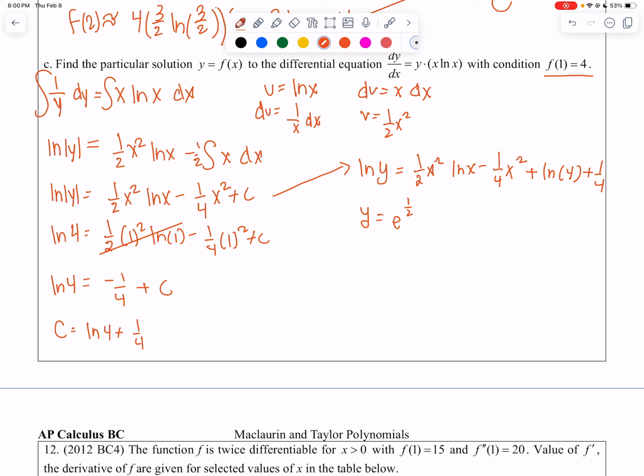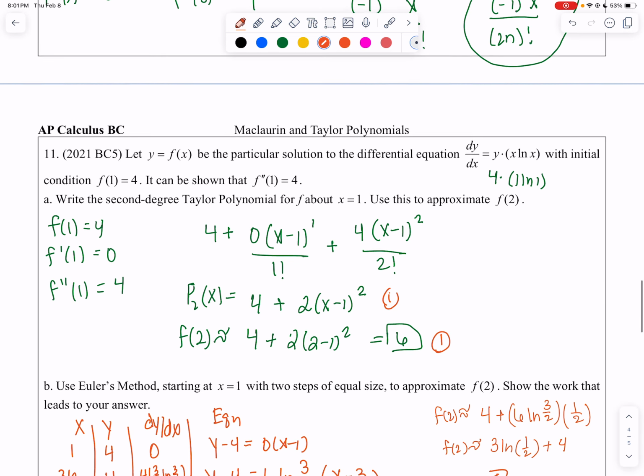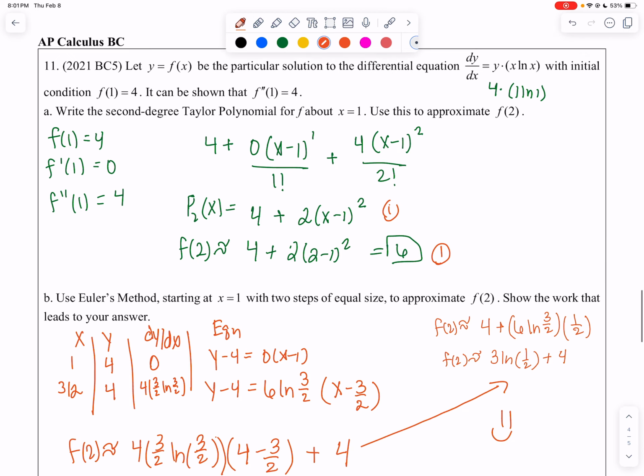So y equals e to the 1/2 x squared ln of x minus 1/4 x squared plus ln of 4 plus 1/4. Don't try to simplify this, okay? I know usually sometimes I will tell you to simplify stuff, but this one, just keep it nasty and call it a day. The AP graders can read this and they'll be like, oh, that's okay. And then you'll get the full credit. How many points was that? I don't know. But obviously you could look at the scoring guidelines for 2021.